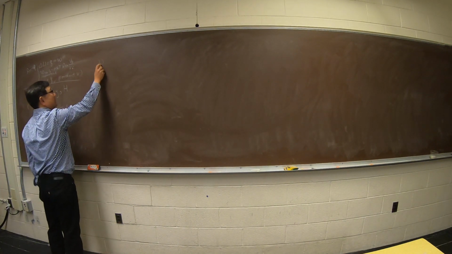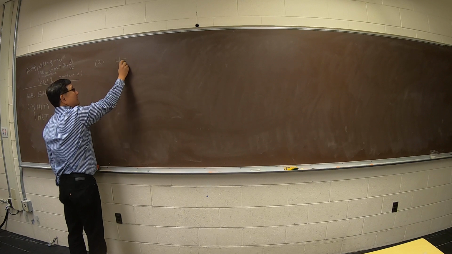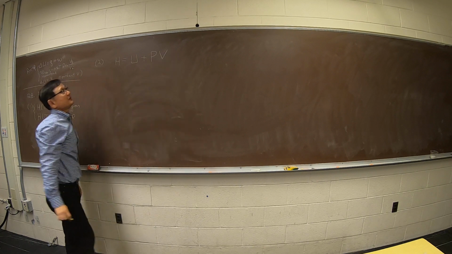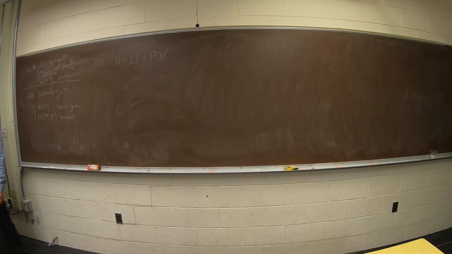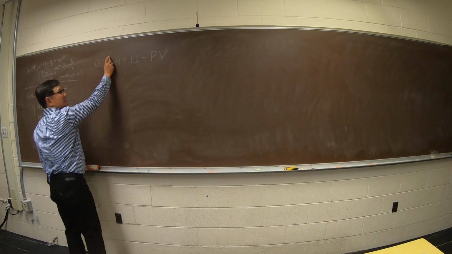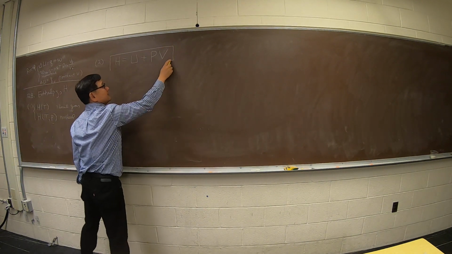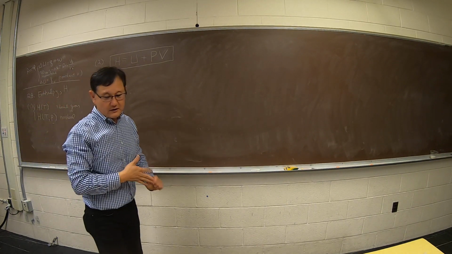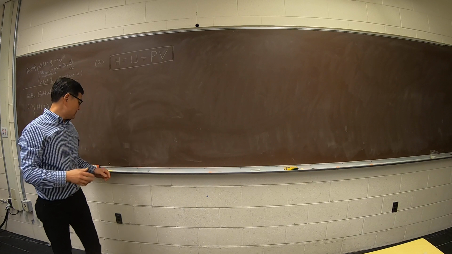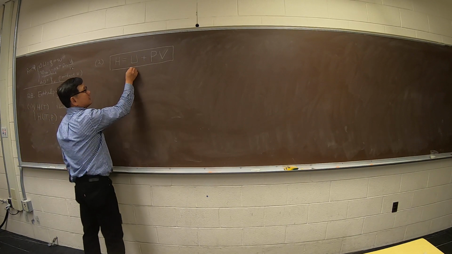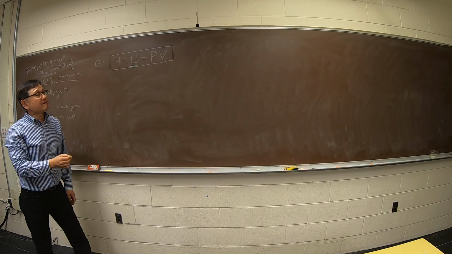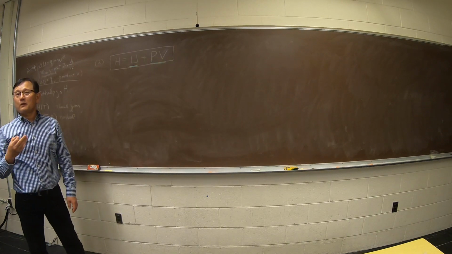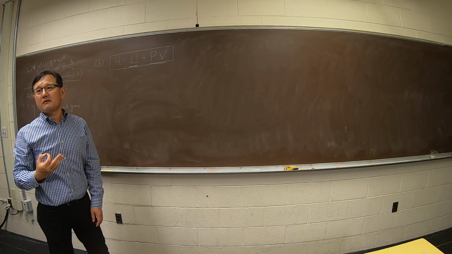And this H is defined, I think this has been repeated many times in your learning of chemistry from high school to freshman chemistry. This equation, you cannot miss, right? But now this is my last opportunity for you to remember the meaning of this. This is the internal energy. Okay, I got that. What is the meaning of PV? That's another form of energy that you should consider for the system.